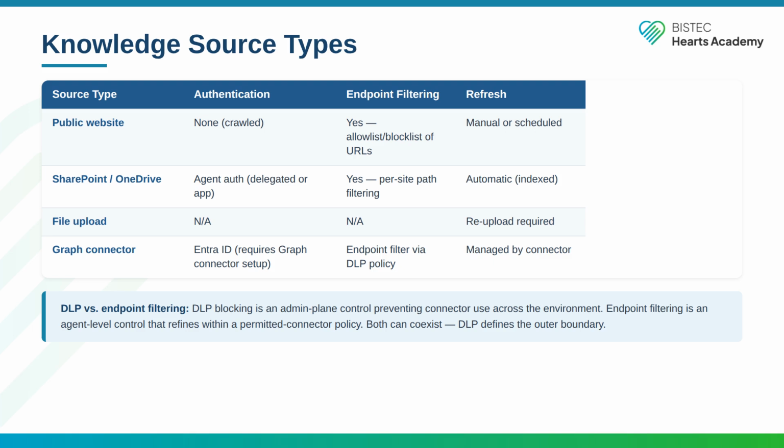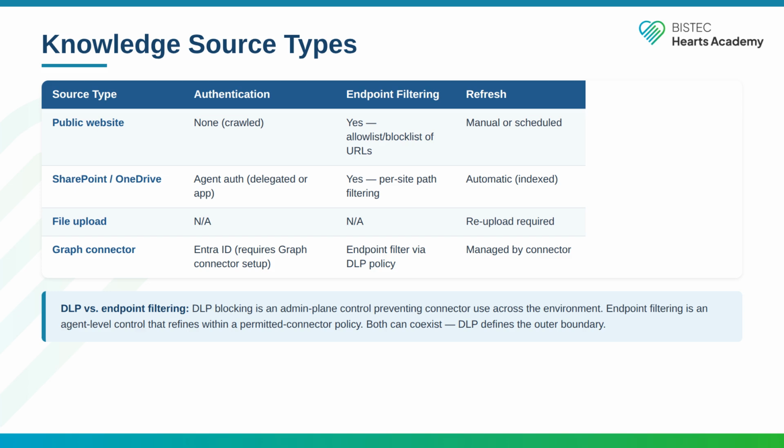Endpoint filtering via URL allowList and blocklist is available and should always be configured. Without a restrictive allowList, the crawler may index pages you did not intend to include. Content refresh is manual or scheduled. Use case: product documentation, public FAQs, marketing content.